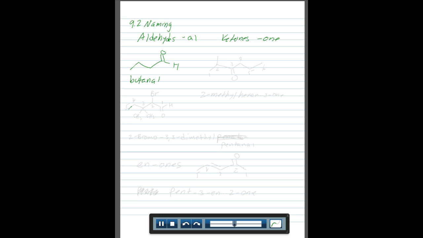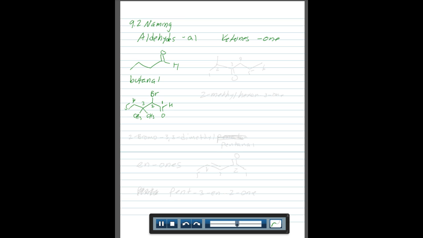So if you have various groups on your aldehyde, let's say you have a bromine, and let's say you have 2 methyl groups here. Carbon 1 is always the carbonyl. Very simple. And then everything else goes after that.